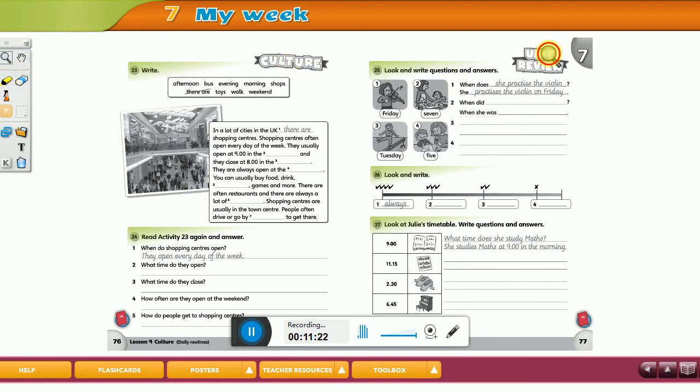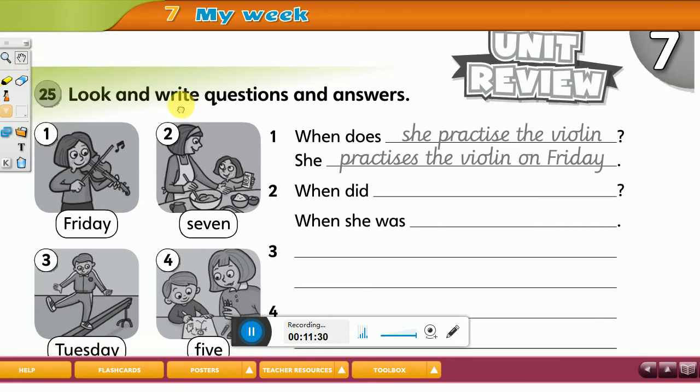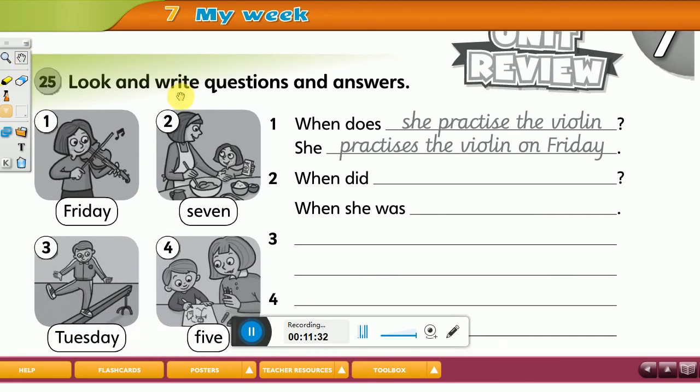We will answer the first question and you should do the rest as homework. Okay? Now, we have here 4 pictures and we want to write a question and an answer for each one of them. The first one is done for you.